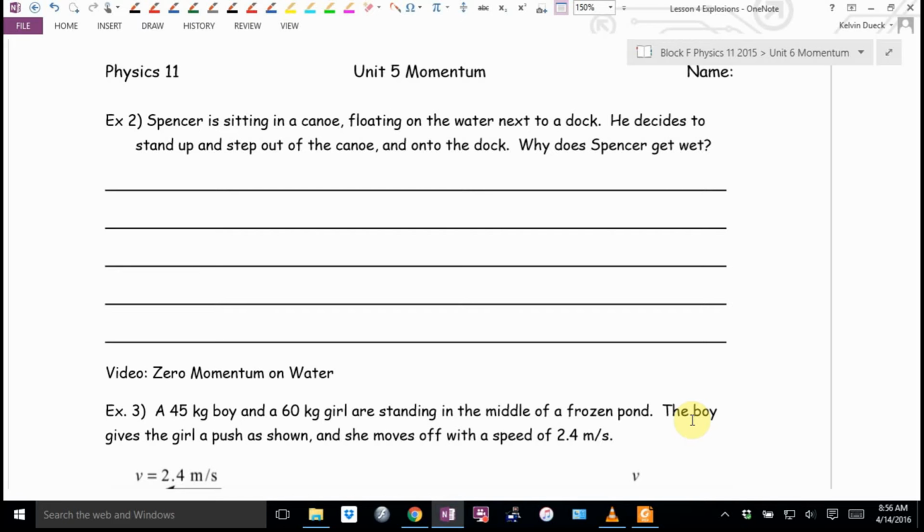Right now, what's my momentum? What's the momentum of me and the canoe that I'm imaginarily standing in? 0. What must our final momentum be then? 0. So if I have momentum this way, what must the canoe do? It must have momentum that way. Who has a bigger mass, me or the canoe? I'm flattered you think that, but canoes don't weigh very much.